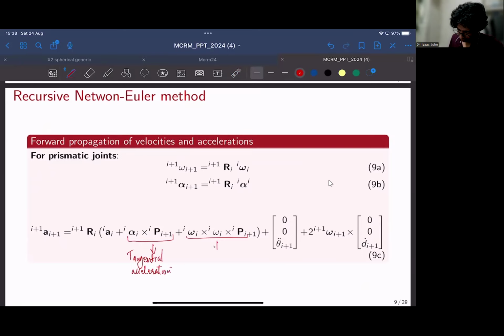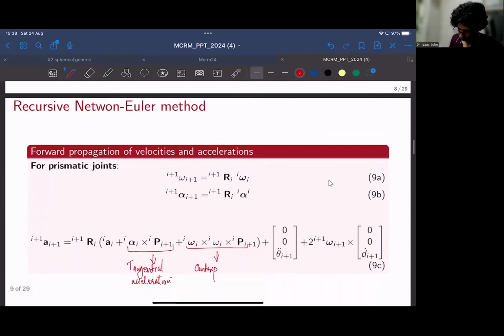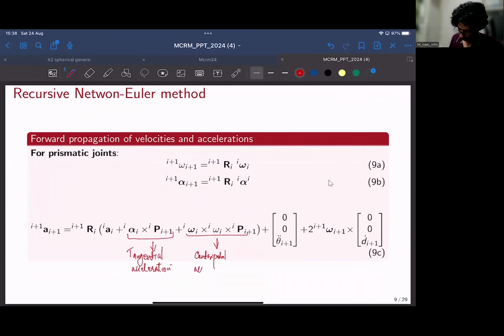And over here we have the centripetal acceleration. And this component, 2 omega cross d dot, is a product of the angular velocity of the I plus 1 link and the linear velocity of the I plus 1 link. We call this term the Coriolis acceleration.